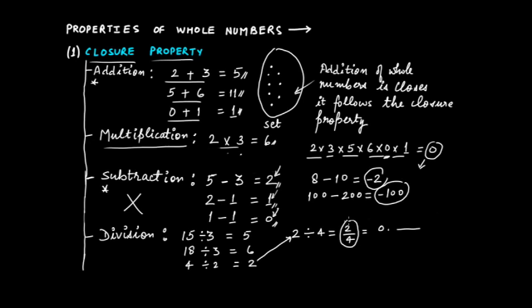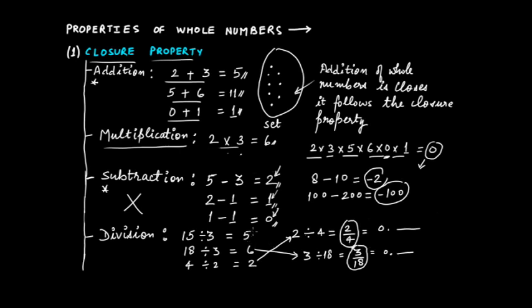Even in this case, this was 18 divided by 3. Here you could do 3 divided by 18, and you will get 3 by 18, and again something in decimals. Again you saw that you would get a rational number. So not every time when you perform the division operation will you get a whole number.